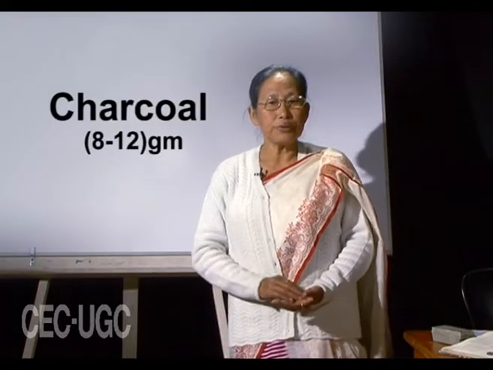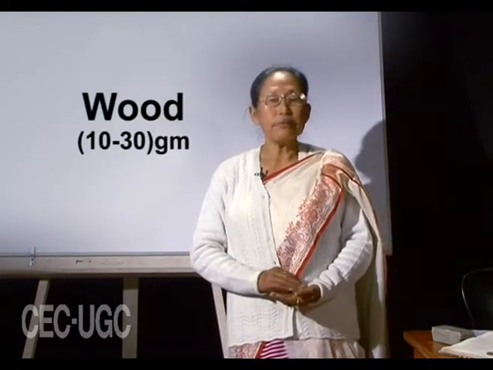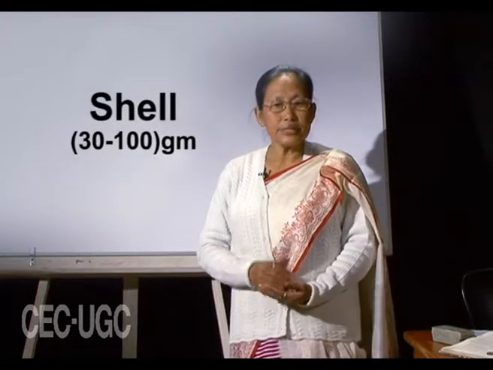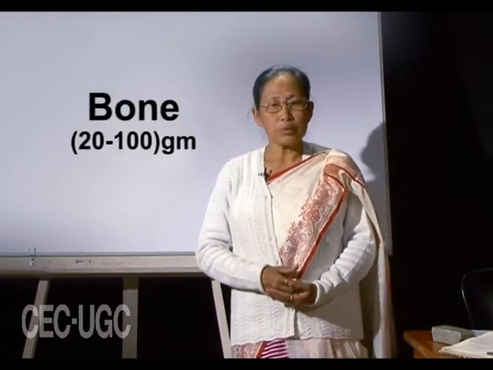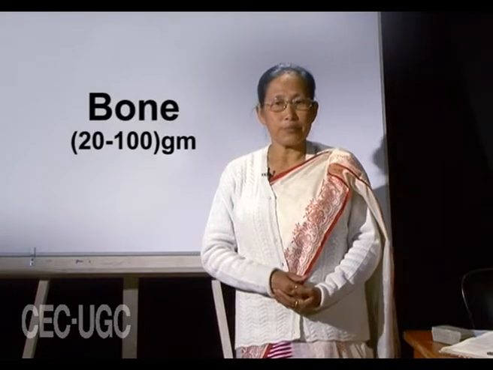For example, in a laboratory at Cambridge, the recommended sample requirements are as follows: charcoal 8 to 12 grams, wood 10 to 30 grams, shell 30 to 100 grams, peat 10 to 25 grams, bones 20 to 100 grams, etc. While selecting a sample for dating, the important thing to note is that it has to be taken with great care in order not to contaminate it with more recent material.